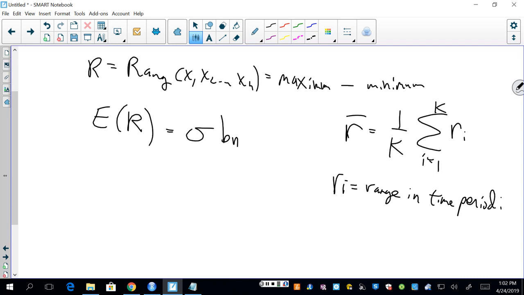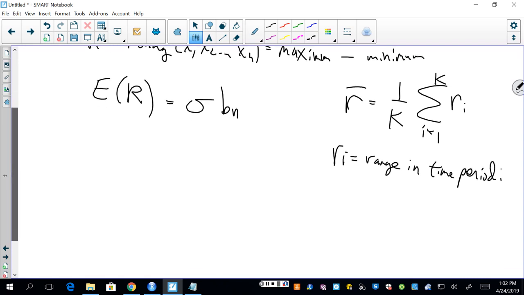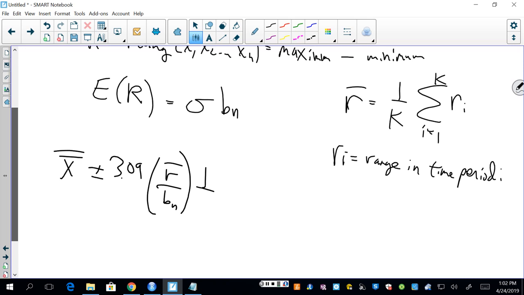An alternative control limit: 3.09, and then you can put this R bar over d sub n as an estimate of the sigma, and then the square root of n in there. Right?